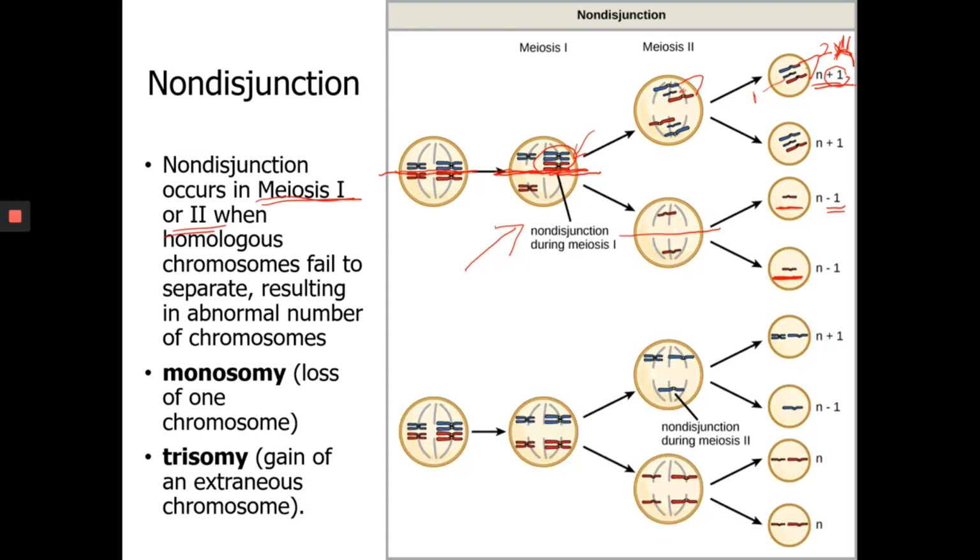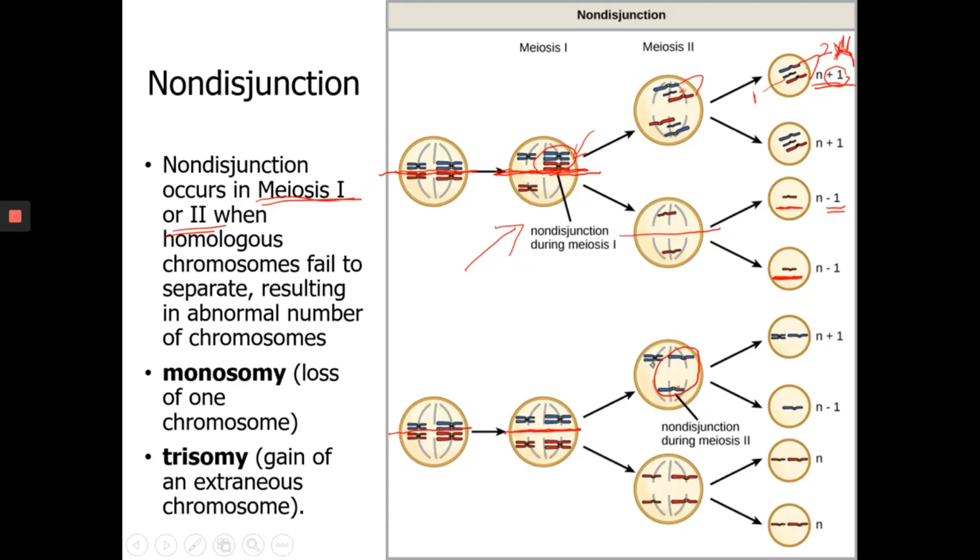Now, what will happen if you have nondisjunction in meiosis II? This is what happens. If you look at the bottom picture, this is the equator. The meiosis I separation is good because the homologous chromosomes are separated and they end up in 2 cells. When they go through meiosis II, this chromosome is good because the 2 sister chromatids are pulled away, right?